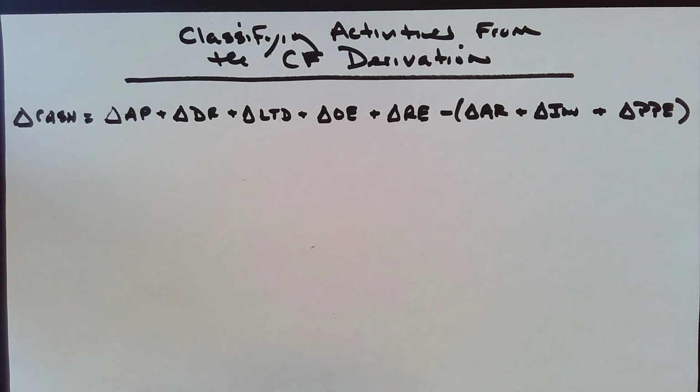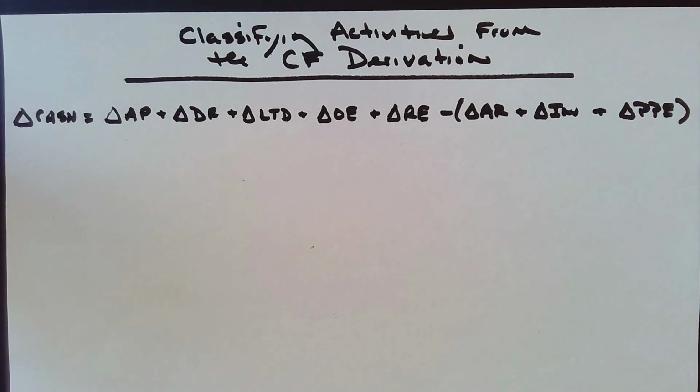And we'll start with the accounts where there is infrequent activity. Those are going to be our investing processes and our financing processes.